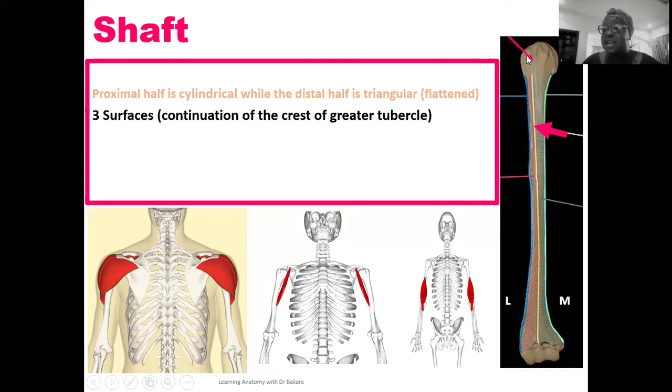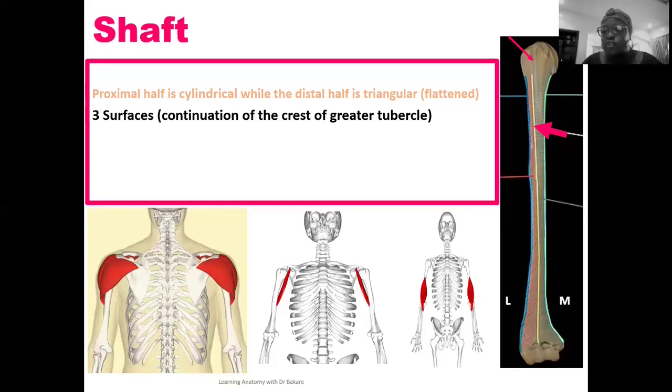We say it is laterally placed, and this is where we have the lesser tubercle. So the crest, which means the topmost region of the greater tubercle, an alignment is followed downwards along the shaft, and this alignment is what creates the anterior border of the humerus. Borders generally are edges.